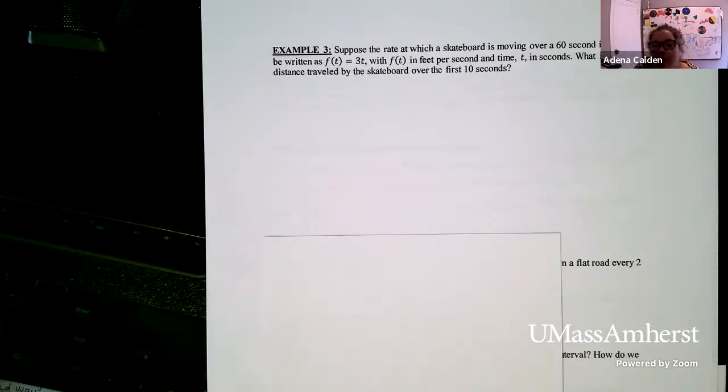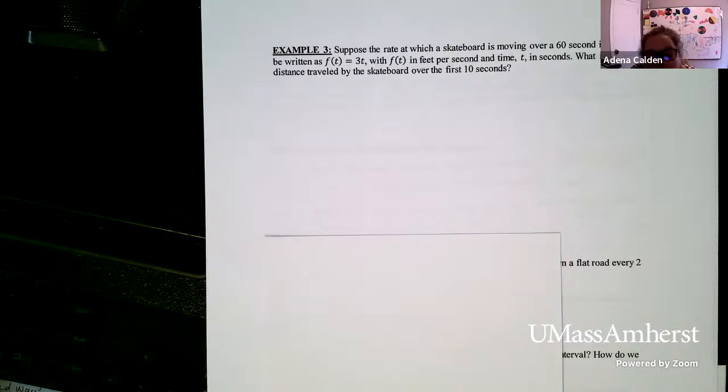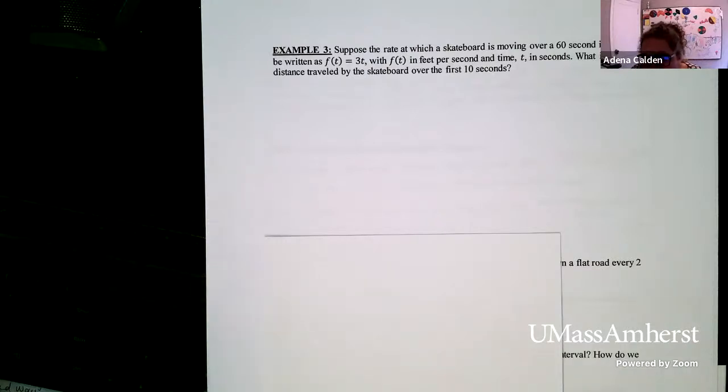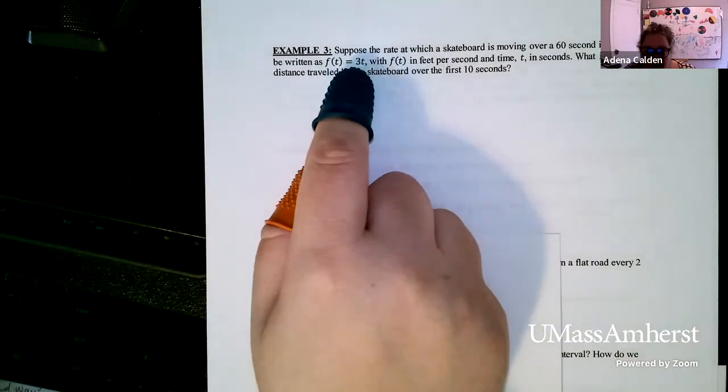Instead, we need to graph this function and try to approximate the area between the function and the x-axis using the things we know about geometry and what we were doing with rectangles in the last couple of examples. So I want you to try this. I'm going to give you 2 minutes. Again, you want to graph your rate just like we were before.